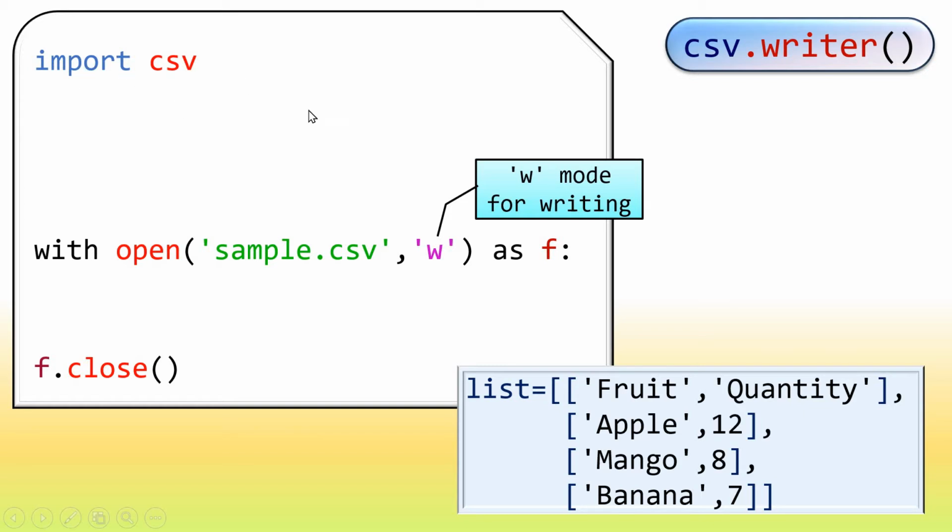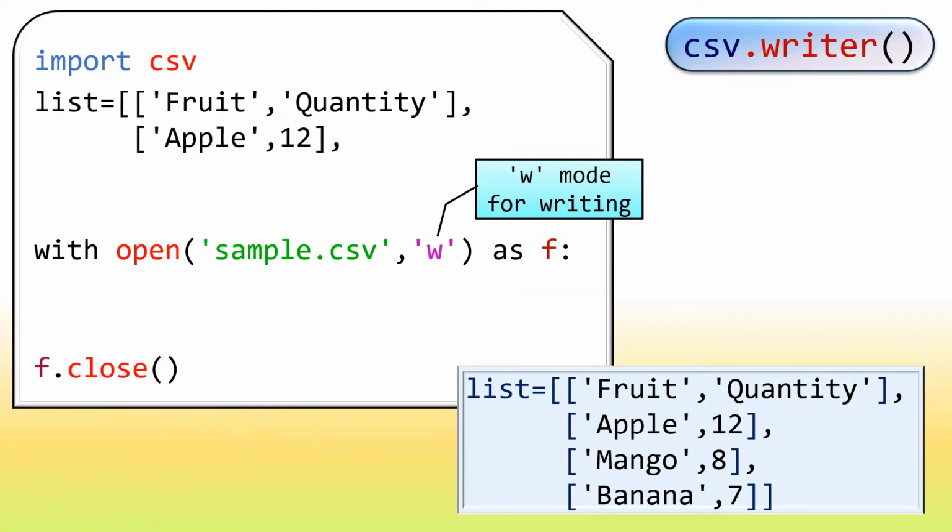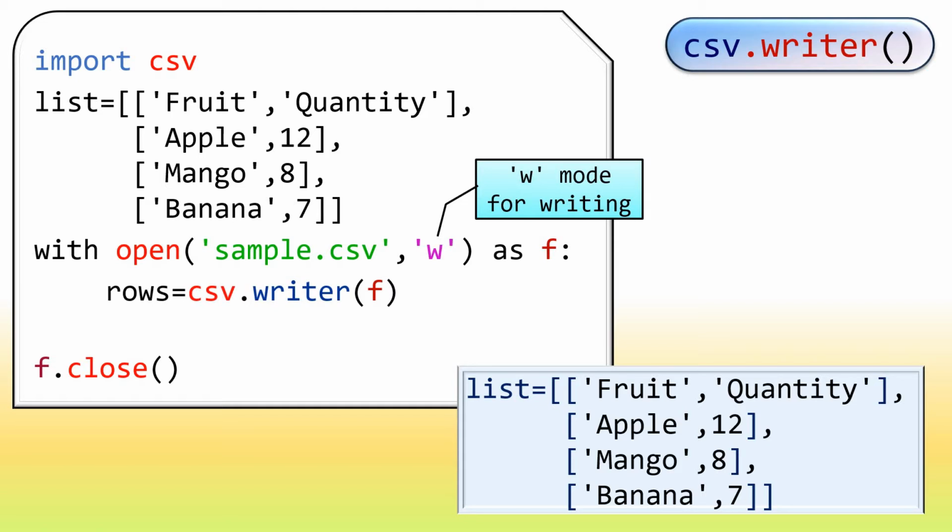After the import statement, you place the list which contains the data to be written into the CSV file. And inside the with open block, rows = csv.writer(f). Here f is the file object.